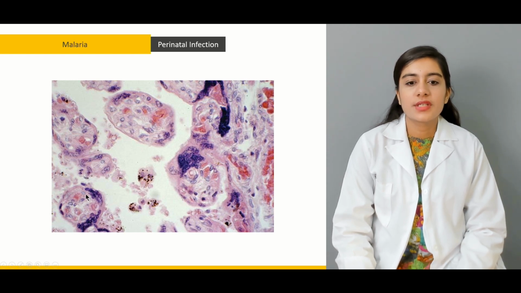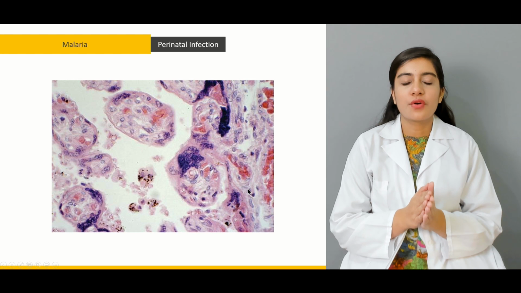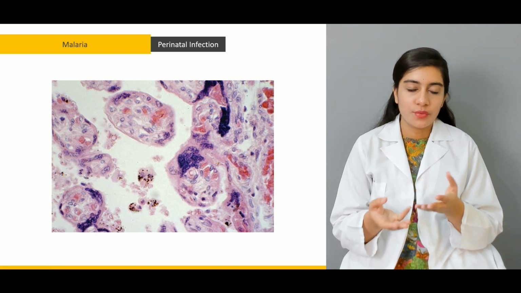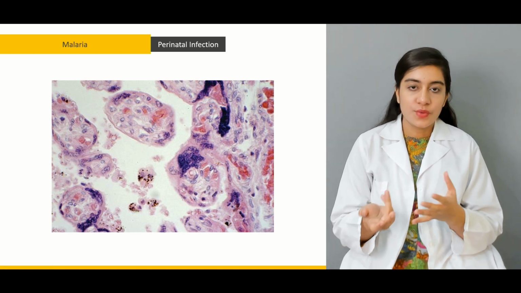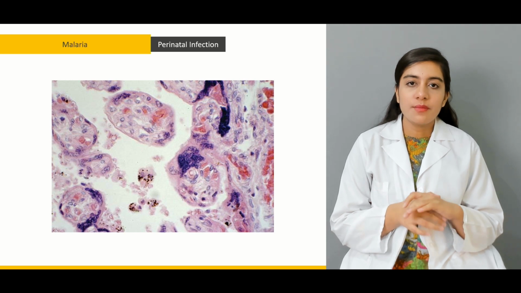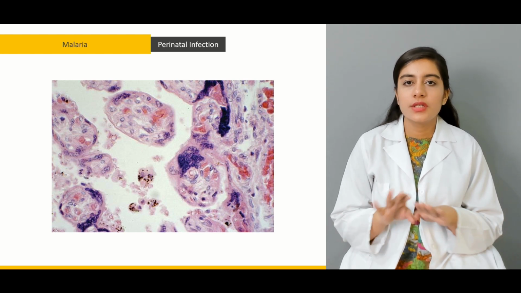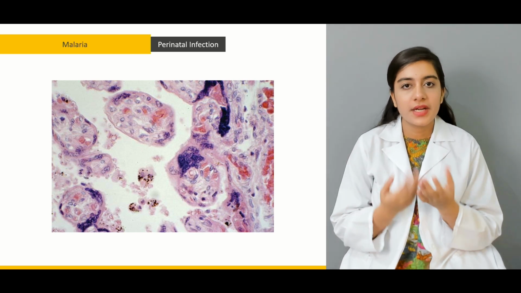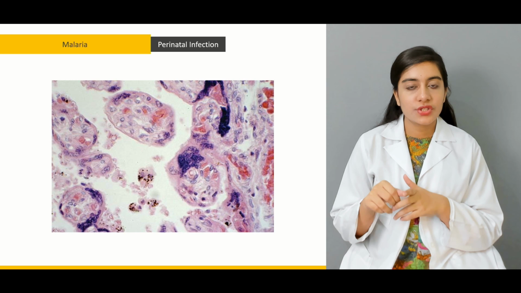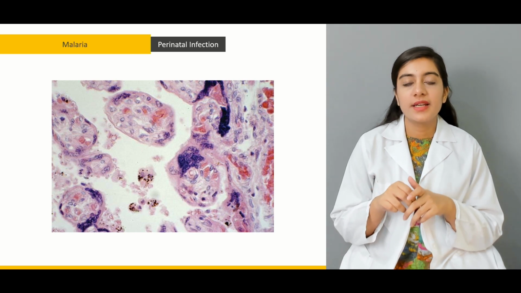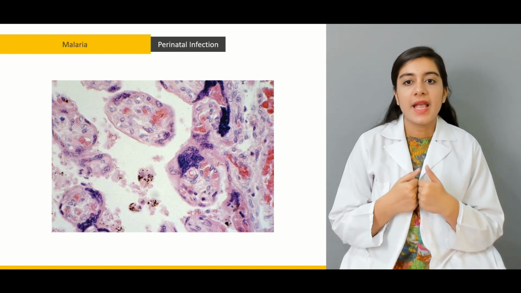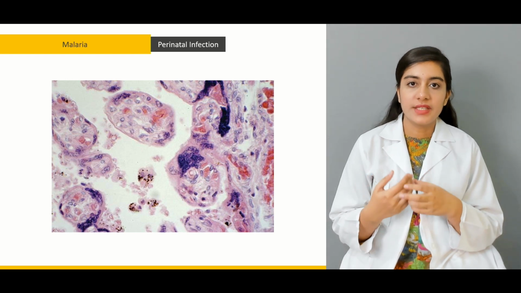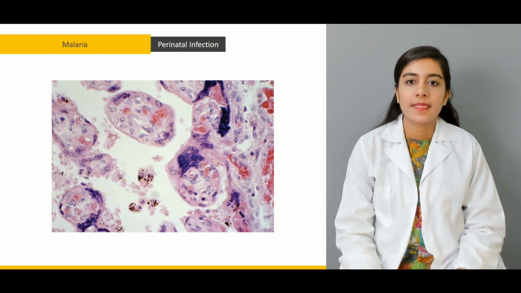These areas are basically showing us the presence of plasmodium in the intervillous spaces. Now, in the mother, malaria will cause the normal signs and symptoms that the disease always causes, but in the infant, it can lead to abortion, stillbirth, low birth weight babies, and many other abnormalities in the children as well.